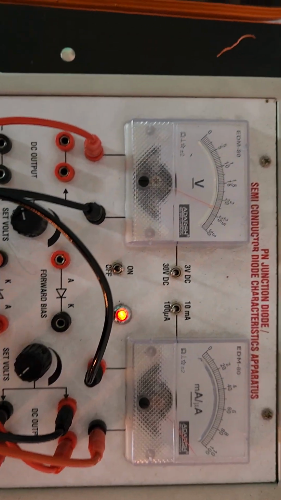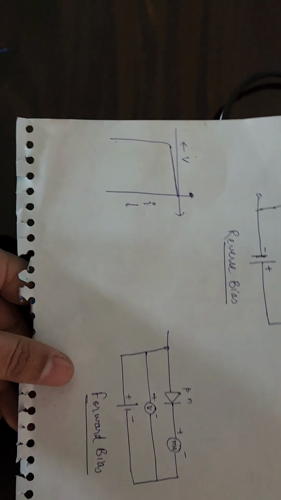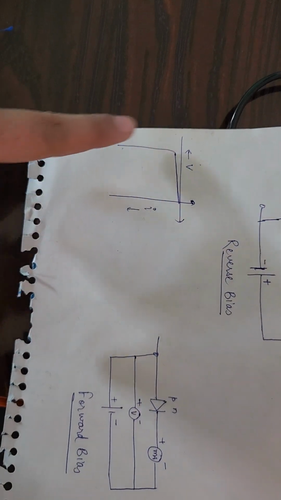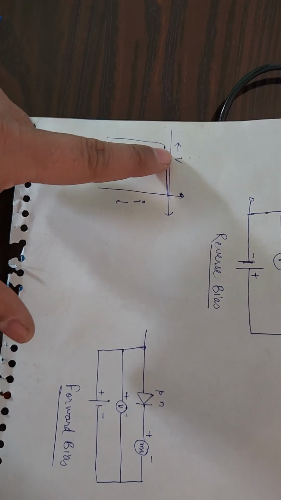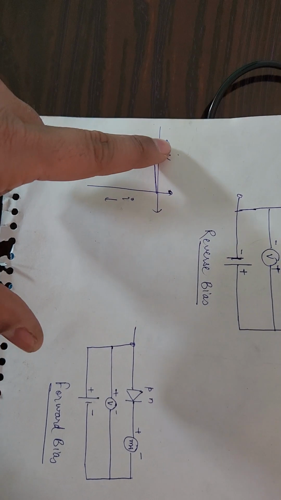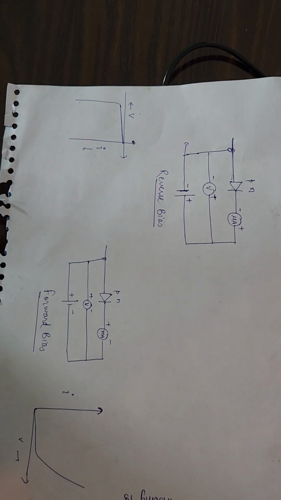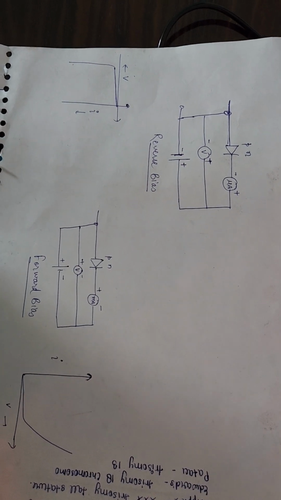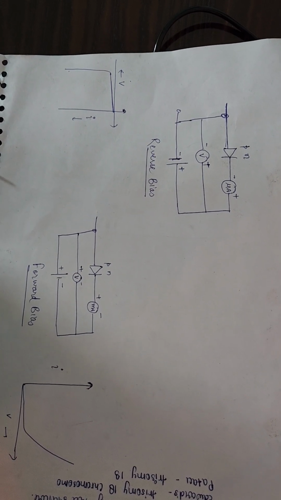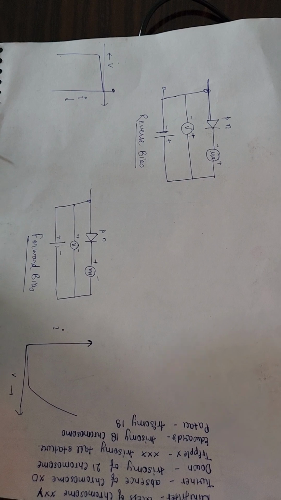And then you have to plot the graph. You should obtain this kind of graph, V versus I, and when you join it to the x-axis, you will get the breakdown voltage. So this is how you have to make the characteristics on your answer sheets, and you have to perform in this way. Thank you.